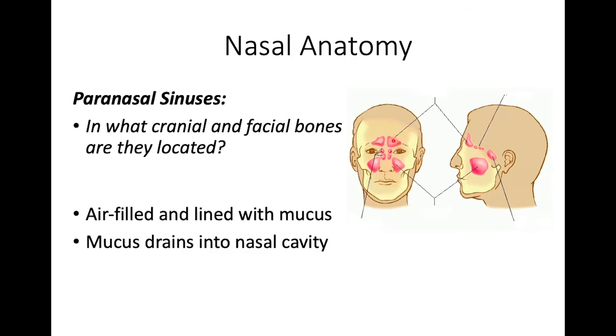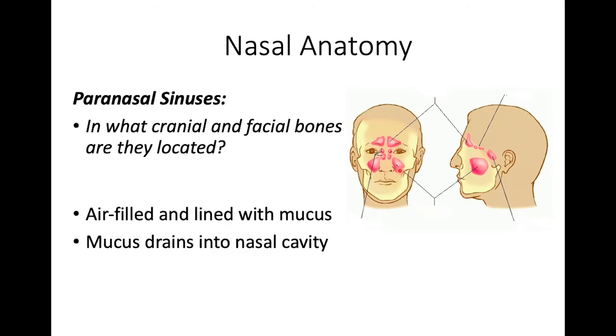If you recall, the four bones that contain the paranasal sinuses are the craniofacial bones, the frontal bone, the maxillary bone, the ethmoid, which you can see here located more anteriorly, and the sphenoid sinus.